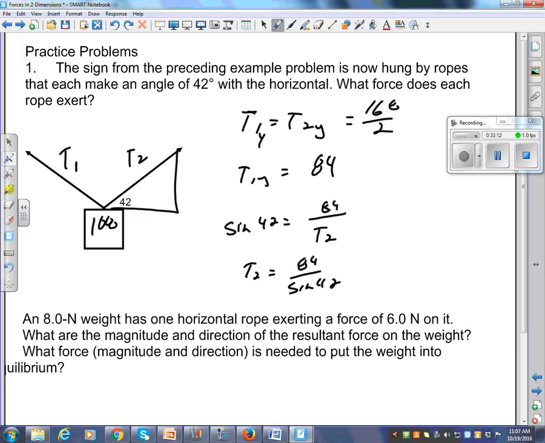Now, don't get the idea that every question is just going to be the weight divided by 2, divided by the sine of the angle. It's not going to be like that, right? That only works for this situation. You have to be able to adapt and apply your thinking to different situations. So this time I get 125.6 newtons.